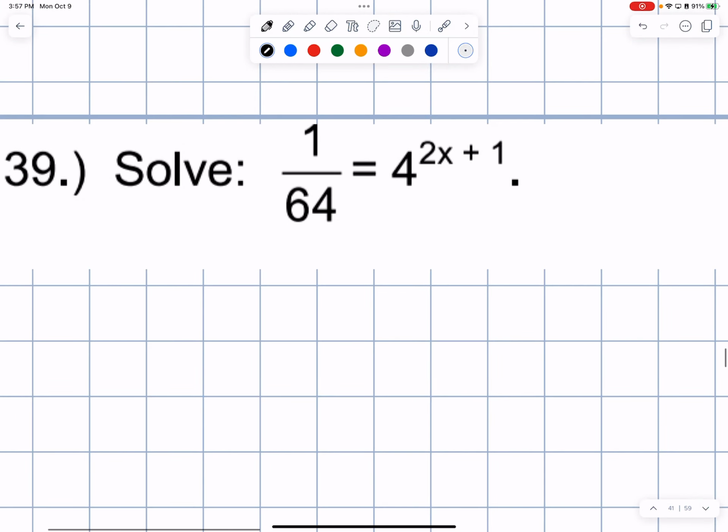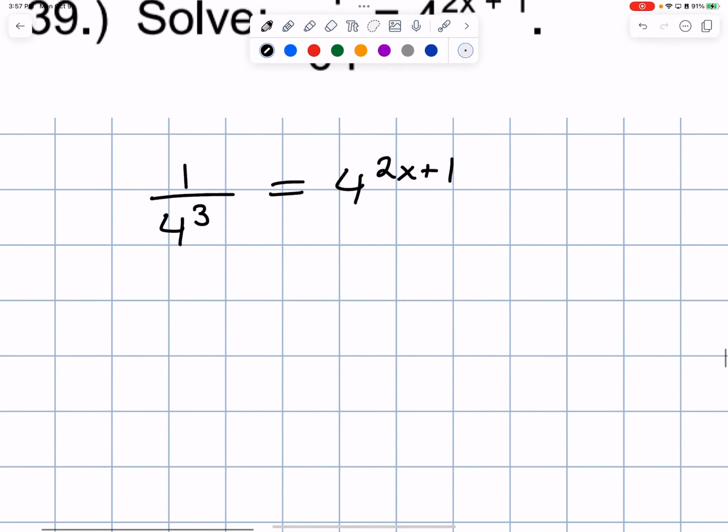Solve this. 1 over 64 equals 4 to the 2x plus 1. Okay, well, here's what I know. 64 is 4 cubed. So I'm going to start with that. Is that okay? Well, that means 1 over 4 cubed is the same as 4 to the negative 3.